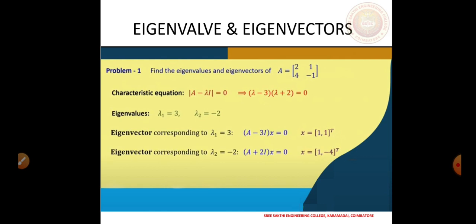That gives (lambda minus 3)(lambda plus 2) equal to 0.